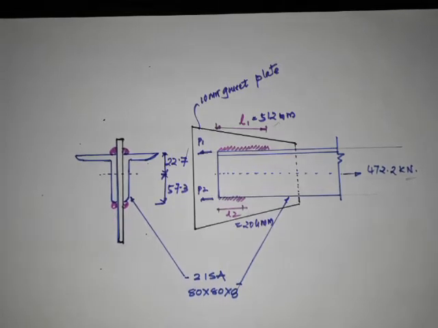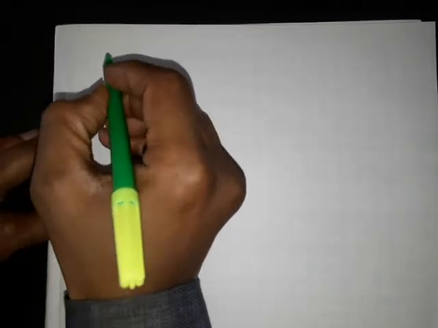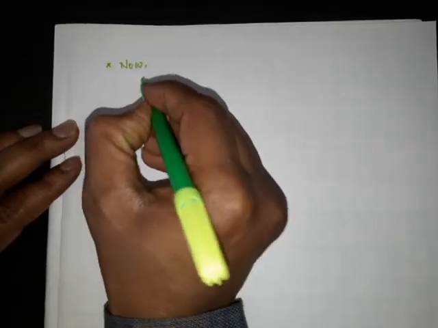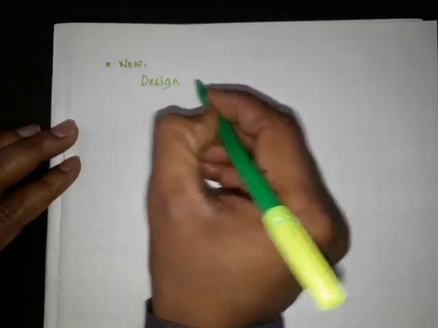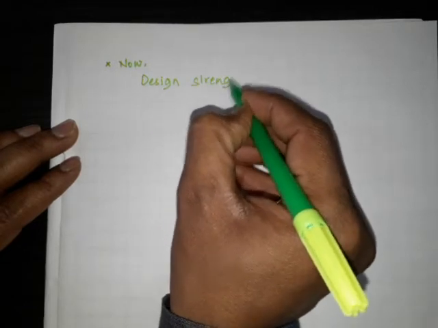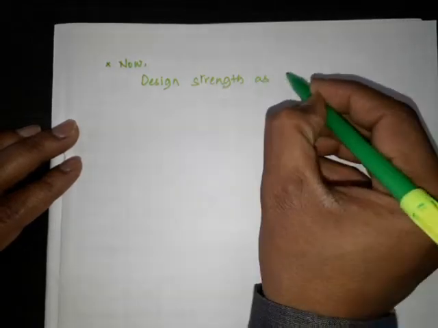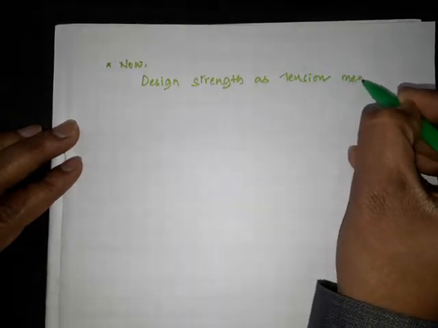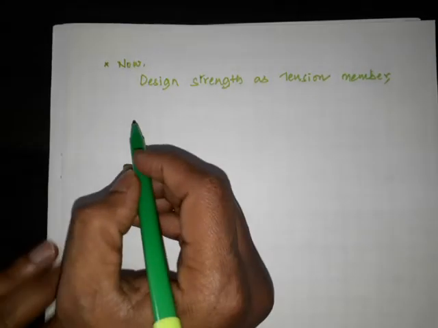So we'll begin with the design strength as a tension member. First of all, you have to check the design strength of the tension member, and the same you have to check for compression.